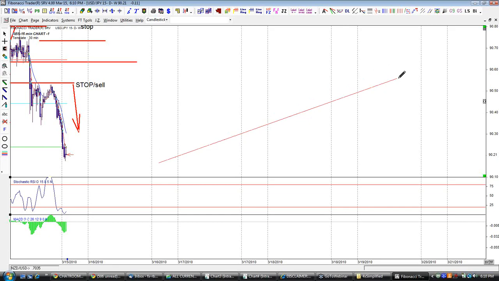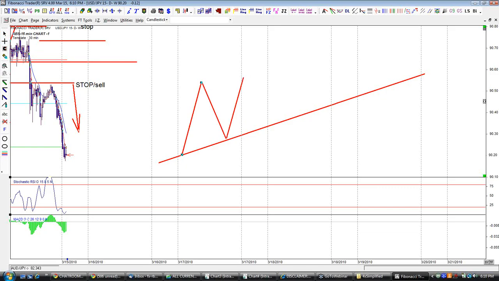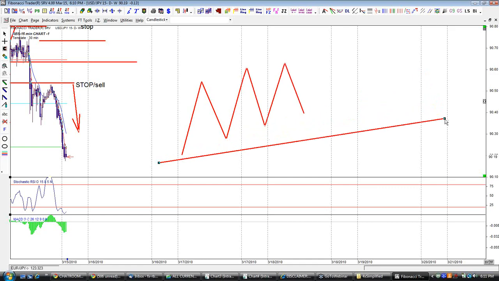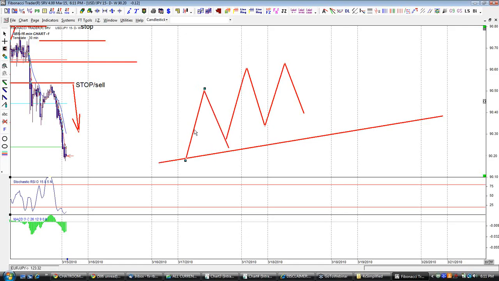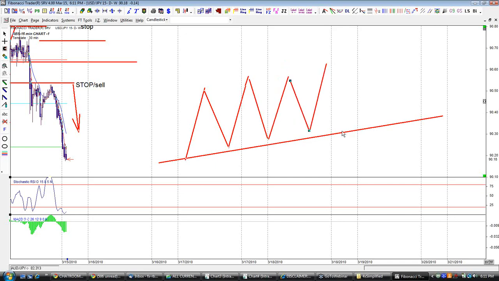What the wedge is, let's say we're in an uptrend, and we are making higher highs, higher lows. I would like to make it more like this because my screen won't be enough. Okay, we're making higher highs.